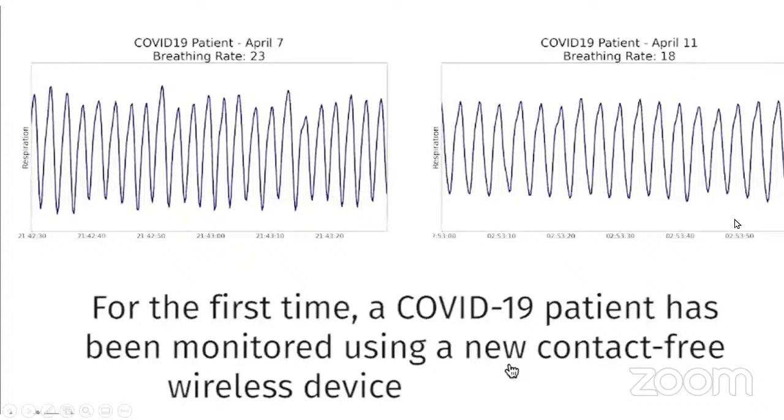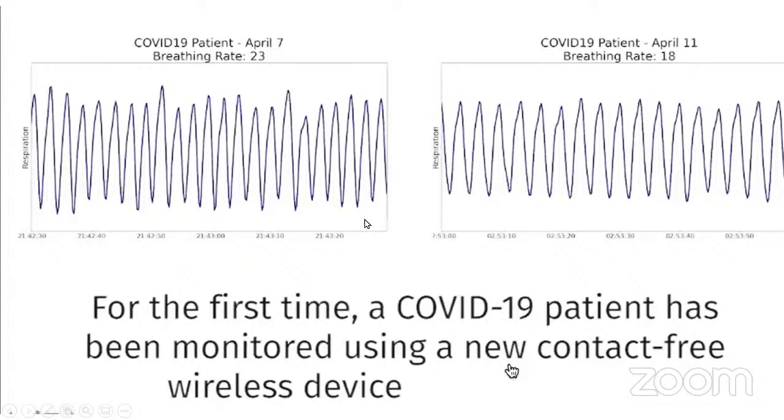For the first time, COVID-19 has been monitored using a new contact-free wireless device. So this slide means that we were able to detect the breathing pattern of that person and identify whether he has COVID or not.